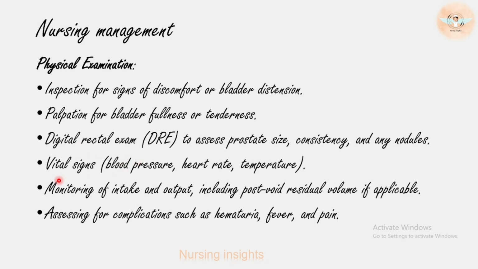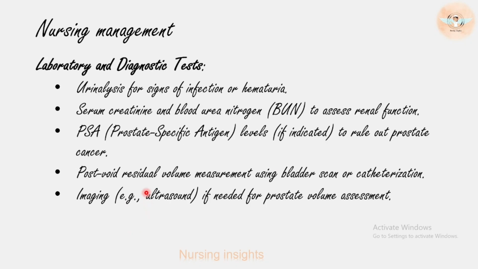Then vital signs, we have to check all sets of vital signs, and monitor intake and output including post void residual volume if applicable, and assess for complications such as hematuria, fever, pain. So this is included in the physical examination.